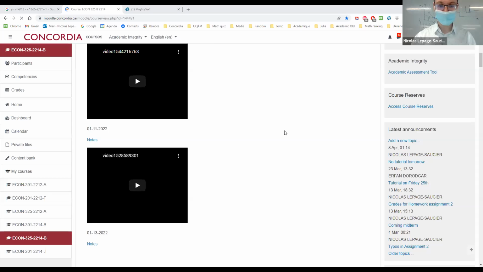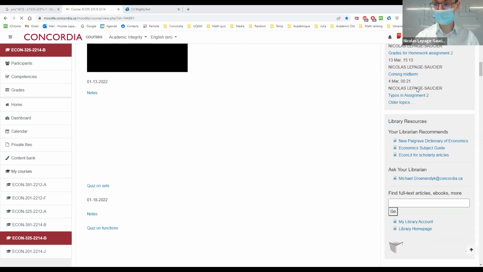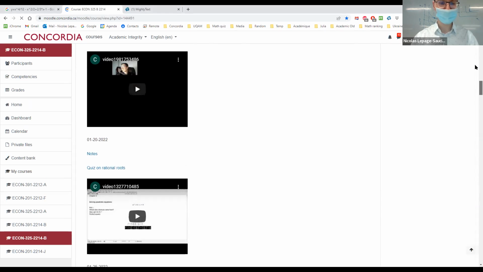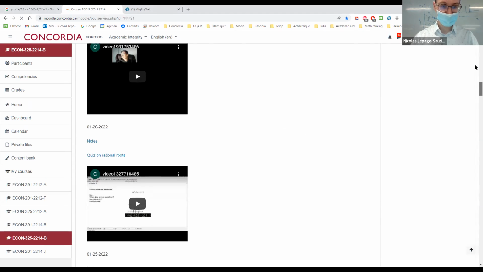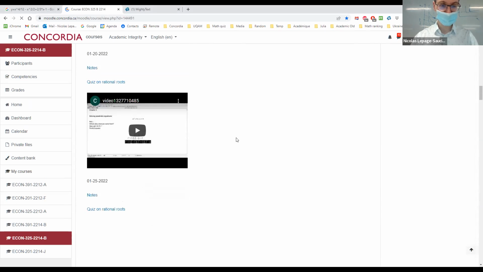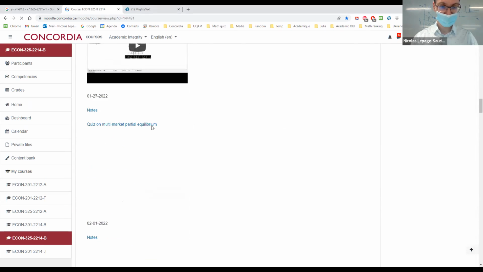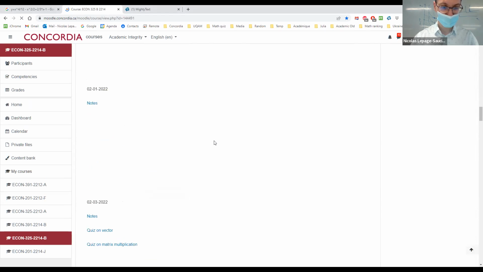All right, so one other thing that I suggest you do to prepare is, of course, you can check again the labs, but check these quizzes. One is rational roots, multi-market equilibrium. This is prior to the midterm, matrix notation, matrix properties. If you hadn't realized, I have posted them there.